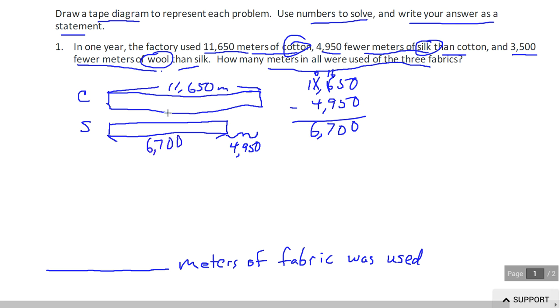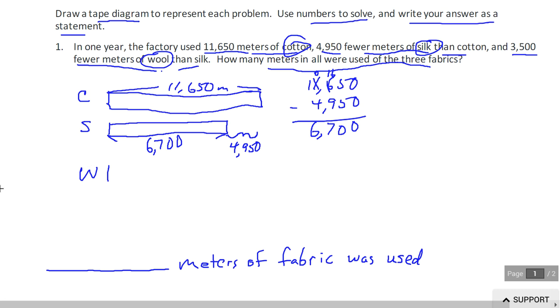All right, so now we've got that figured out. Now all we have left to figure out is wool. And for wool, it's 3,500 fewer meters of wool than silk. So now it's going to be even shorter, okay? And why is it going to be even shorter?